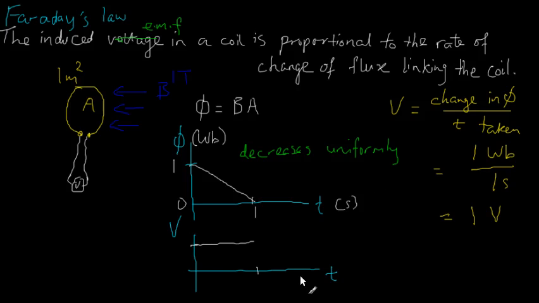So if I plot this graph, I would see a straight line at 1 volt, because the rate stays the same until the 1 second is up. After 1 second, flux stops changing, so the rate of change becomes 0.